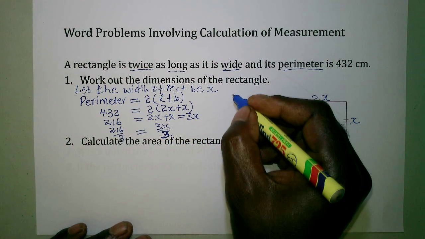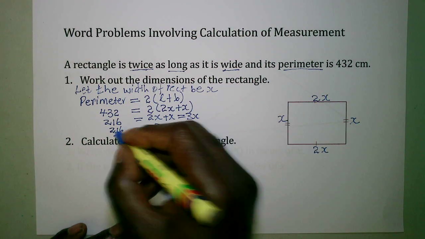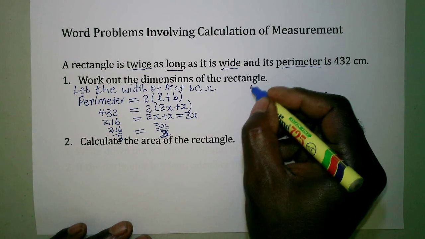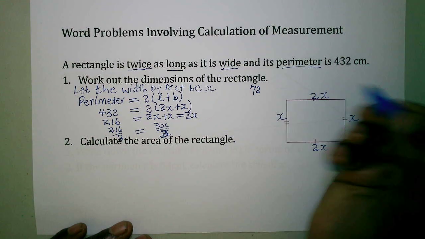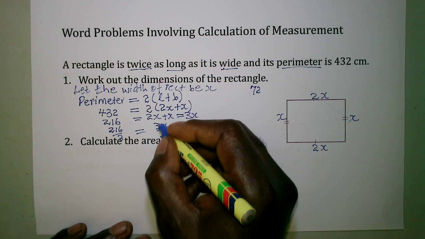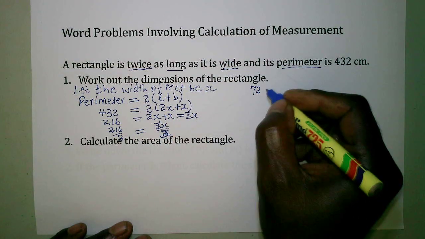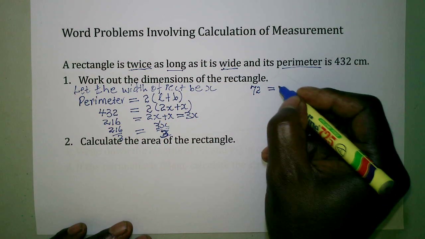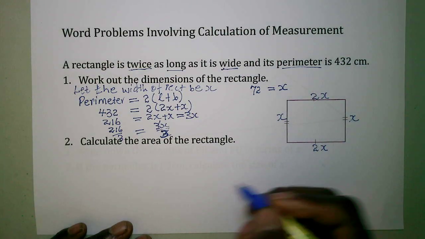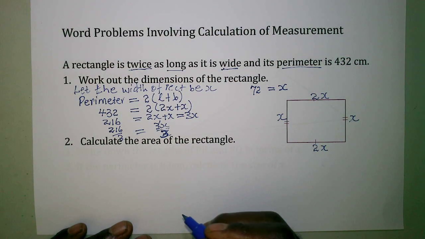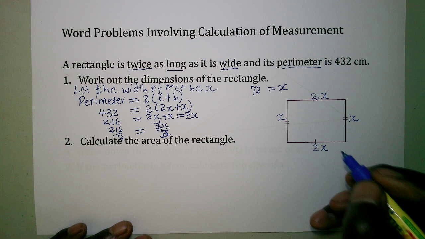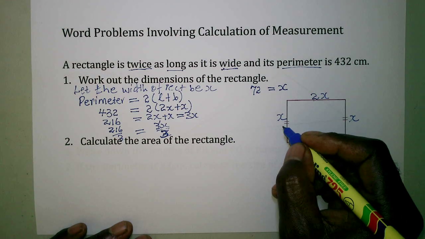So 3 goes how many times in 21? It goes 7 times. 3 goes how many times into 3? Once. So 1 multiplied by x is x. So our width is now 72.